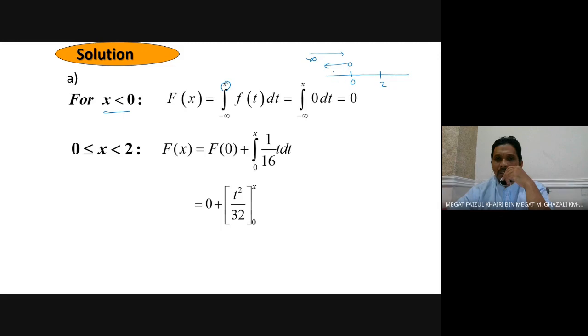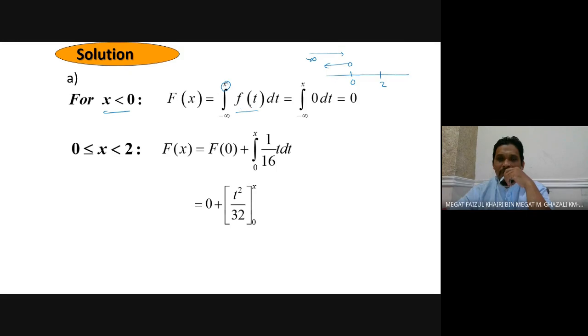The limit is x equal to 0. So from negative infinity until x of f(t) dt, the integral from negative infinity until x, with x approaching 0.